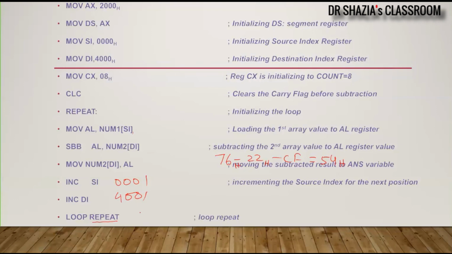The first thing it is going to do is, by default, decrease the content of CX by 1. So it will DEC CX and jump if not zero to the label name, in this case, repeat.